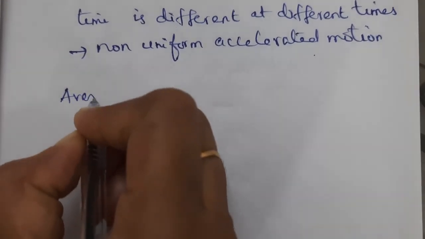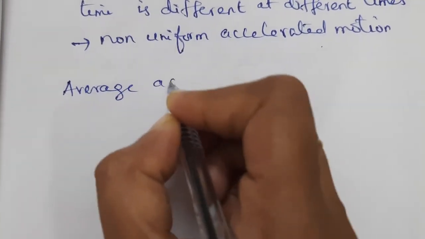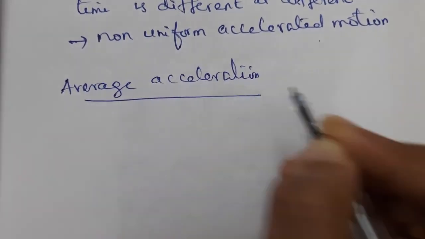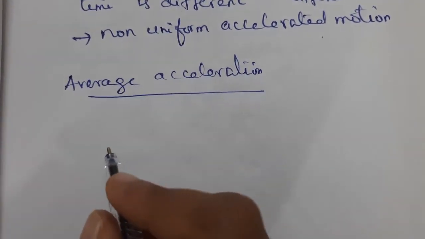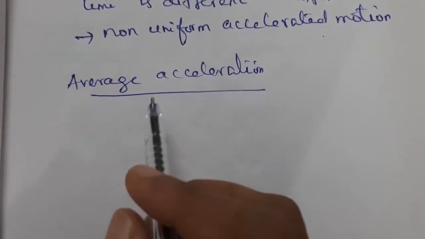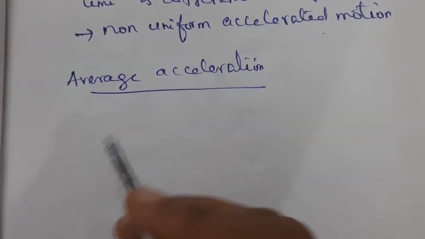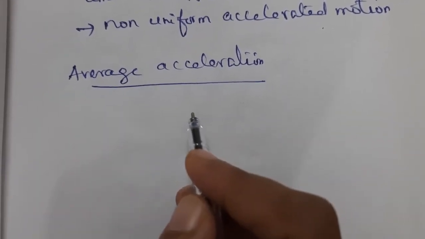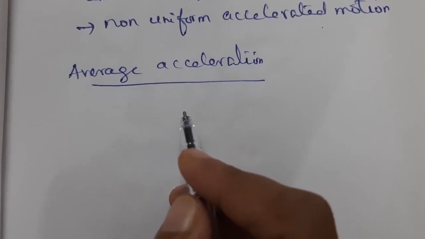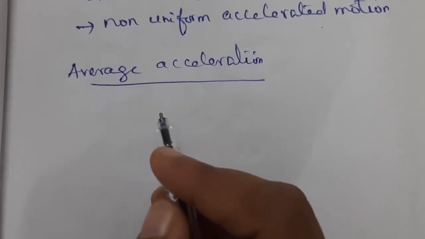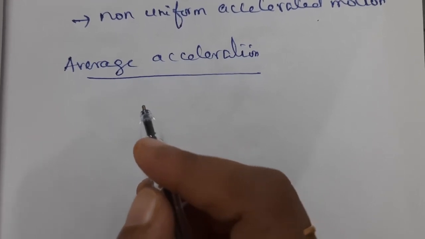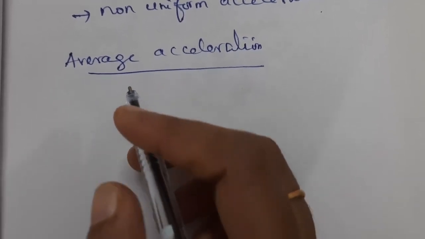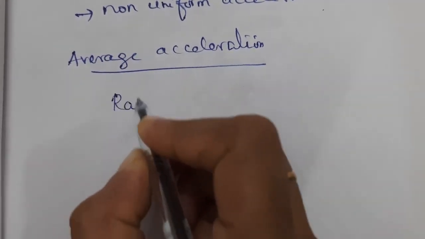Next one, average acceleration, like average velocity. If the object is moving with velocity v1 and after some time it changes the velocity to v2 in a time interval t1 to t2, then what is the acceleration? The average acceleration is defined as the ratio of change in velocity over the time interval.